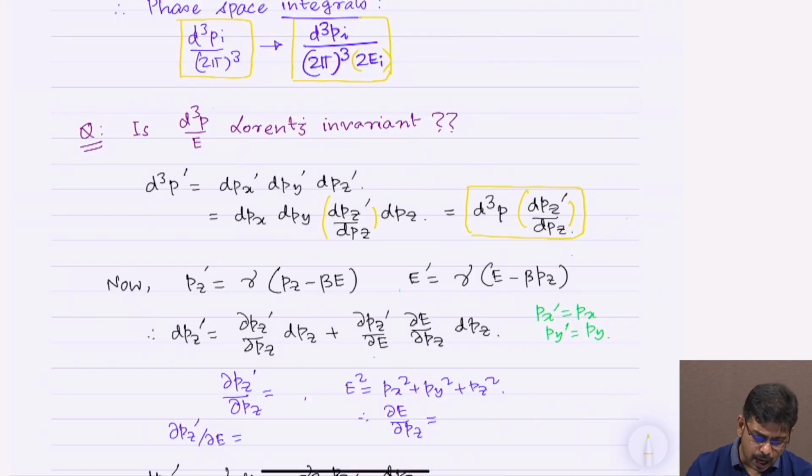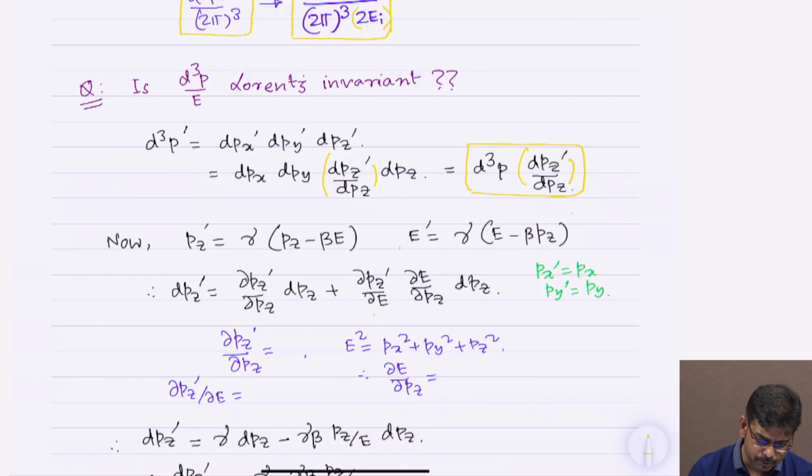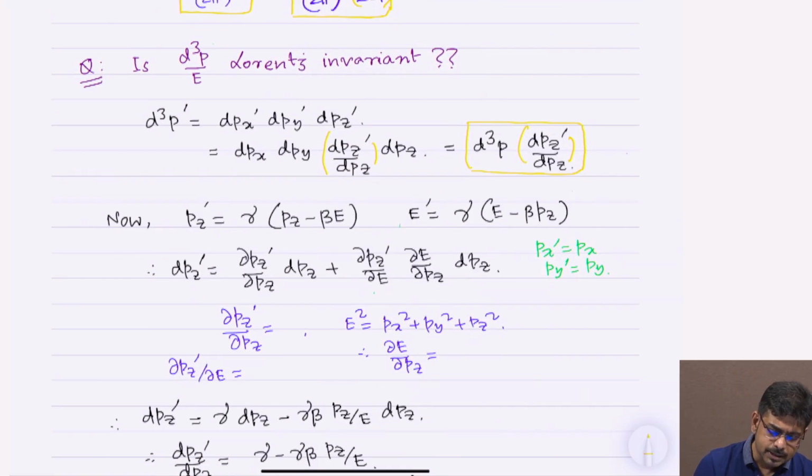Now how does this transformation occur? You remember we wrote the Lorentz transformation rules for one frame moving with a relativistic speed with respect to the other. If I borrow that same analogy, x prime and x are related, and likewise pz prime and pz, because we are assuming the motion is along the z direction. So this will simply be pz prime equal to gamma into (pz minus beta E).